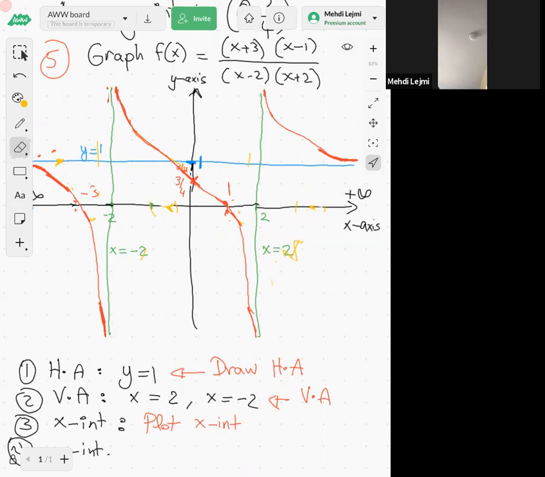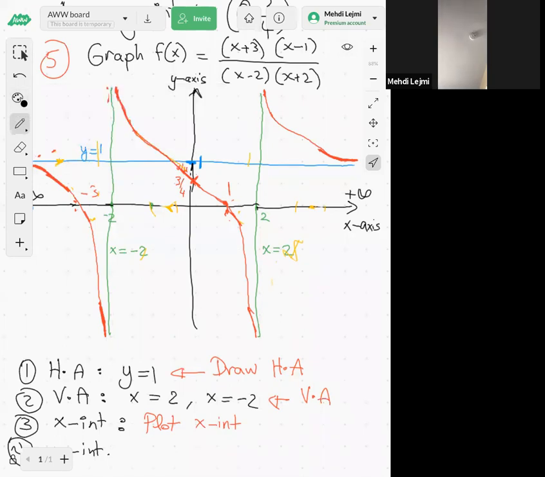And guys, if you are kind of confused and you are not sure about the correct graph, what you can do is take some random values and check if your graph is correct. So for example, here this is x equals 2, right?